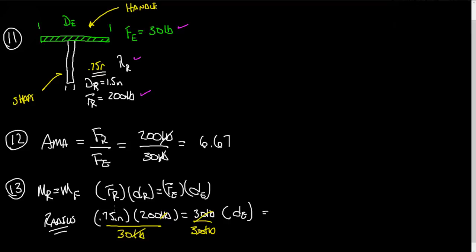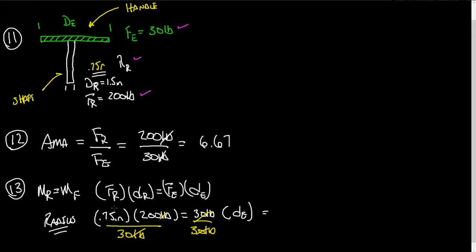So 0.75 times 200, divided by 30. There we go.